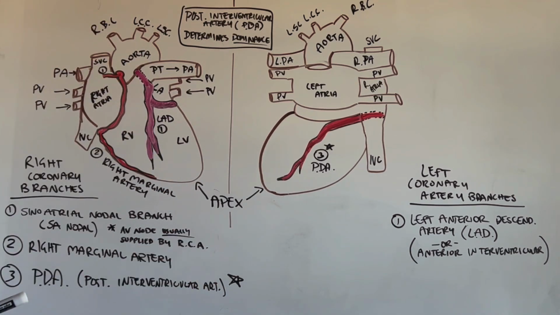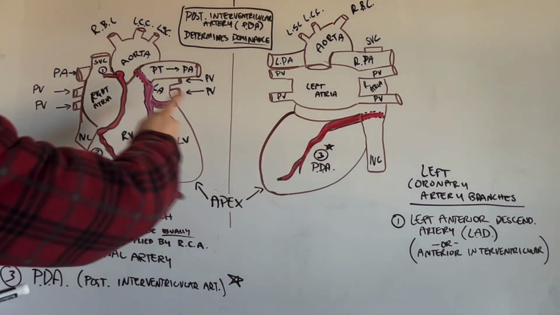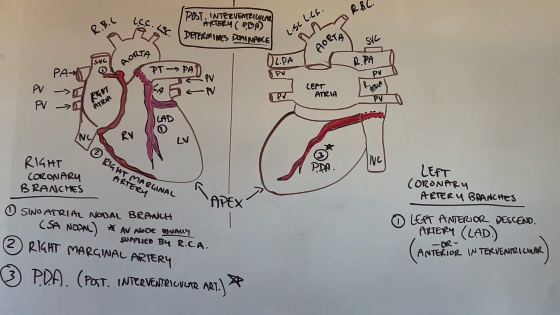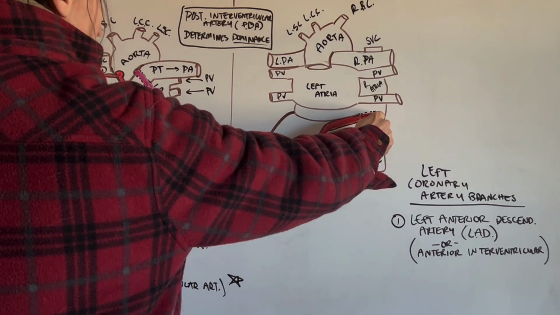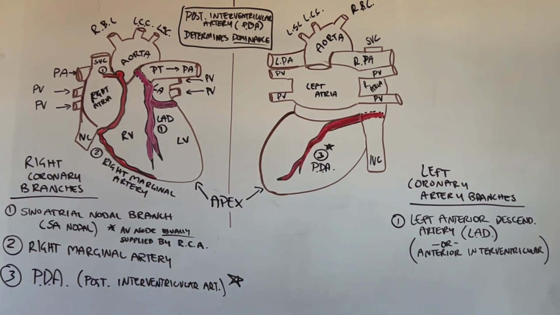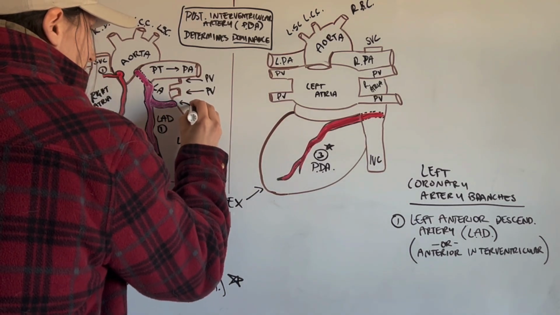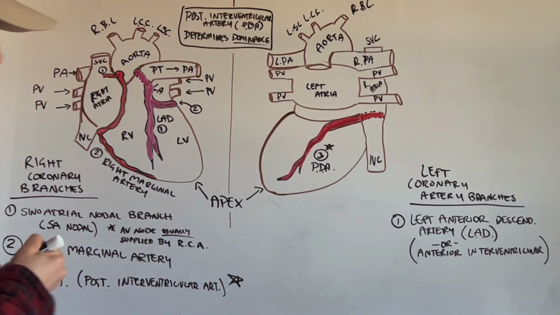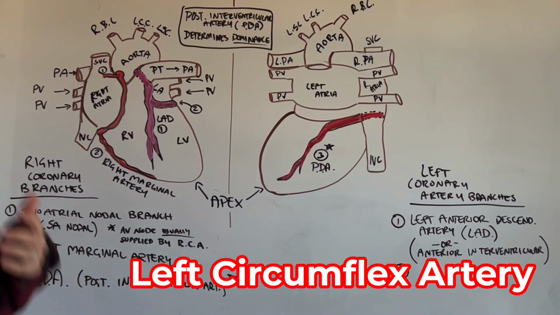Now, if we follow our left coronary, it's going to go off to the side and go around the heart to the back side. For some odd reason, while we don't name this portion of our right coronary artery, we do name this portion of our left. I will seriously never understand why. But our second branch is our left circumflex artery.